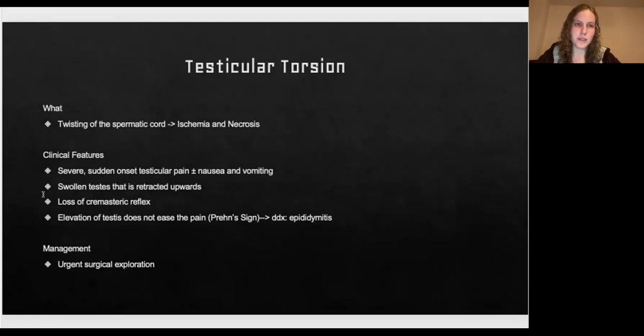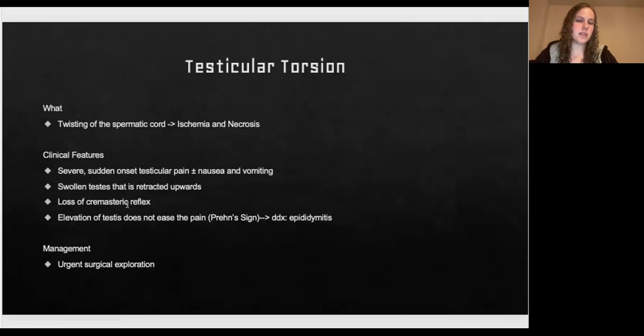I don't know if anyone really does that because they'll be in so much pain, but the big differential for this is epididymitis, which is kind of inflammation of the epididymis. And in epididymitis, it might be more warm, more red, and also there's something called Prehn's sign, which is if you lift the testicle, it will relieve the epididymis and therefore it will relieve the pain.